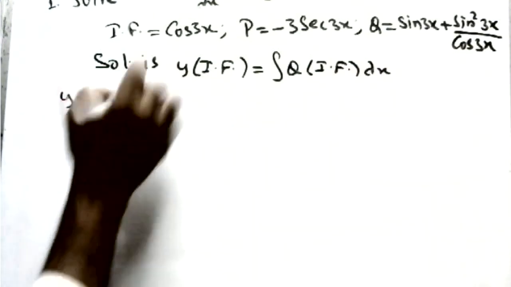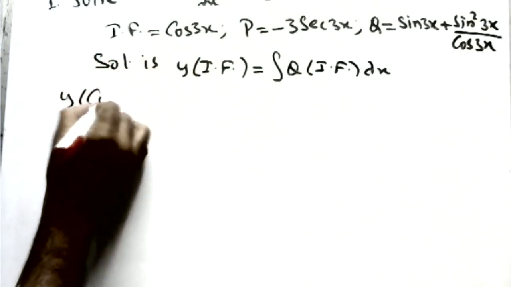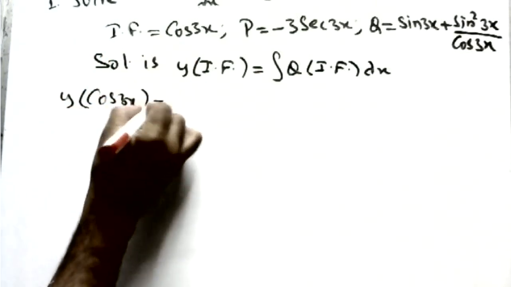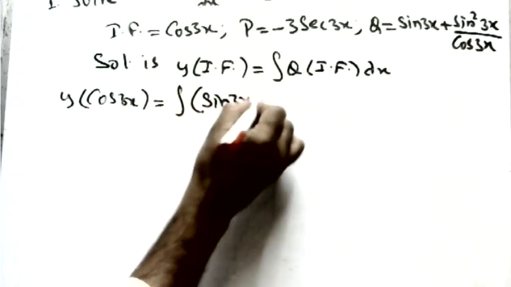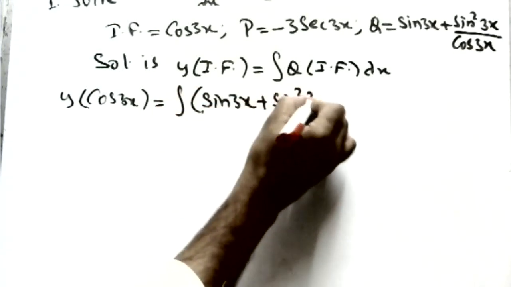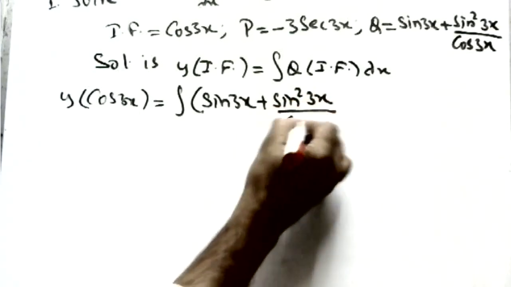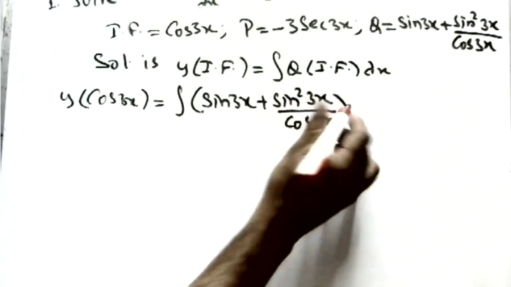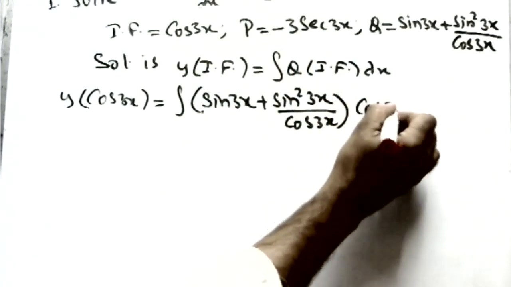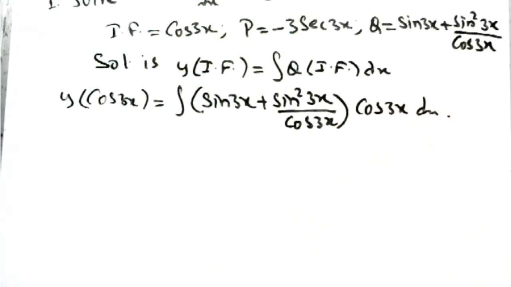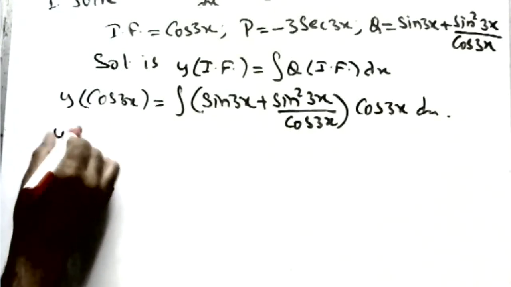Now let me substitute: y into cos 3x equals integration of q, where q is sine 3x plus sine squared 3x by cos 3x, whole q into integral factor, which is cos 3x, whole dx.